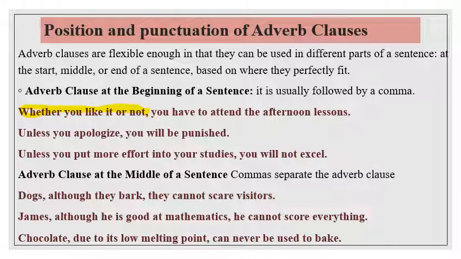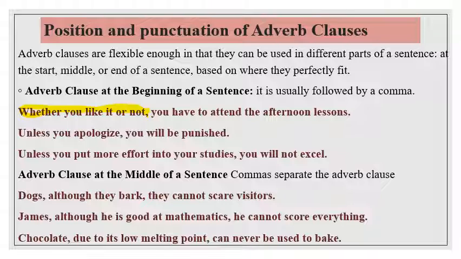The next one is the adverb clause in the middle of the sentence, and usually here you need two commas. For example, dogs, although they bark, cannot scare visitors. In this case, you can see that it is interrupting the main clause, the independent clause. Usually the independent clause is dogs cannot scare visitors.